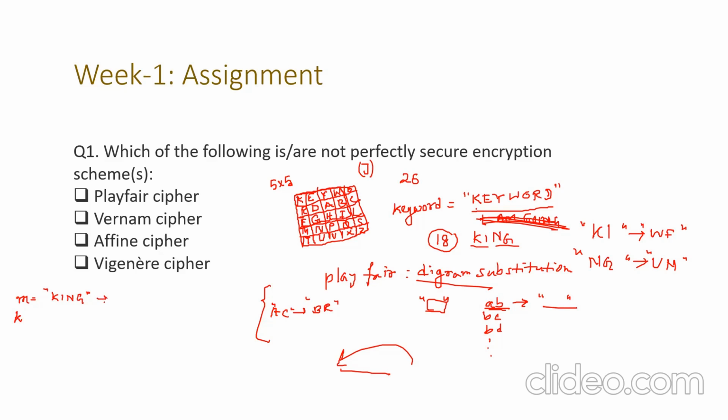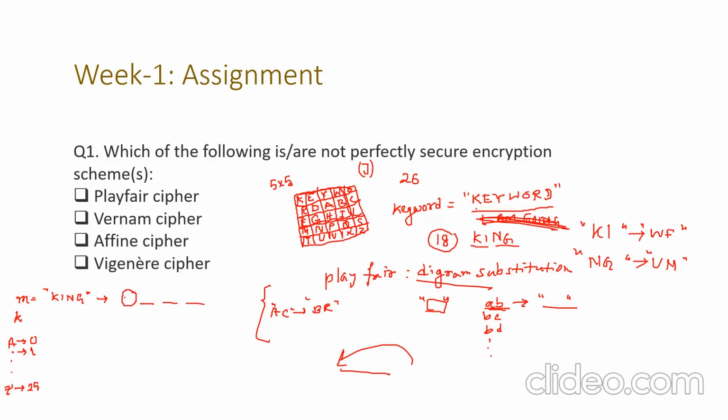Also, you map the English alphabet to its corresponding position value. So A to Z, all these alphabets have some corresponding numeric value: A mapping to 0, B mapping to 1, and so on till Z mapping to 25. So you map K accordingly to the numeric value representing its position in the English alphabet. Same goes for I, N, and G.